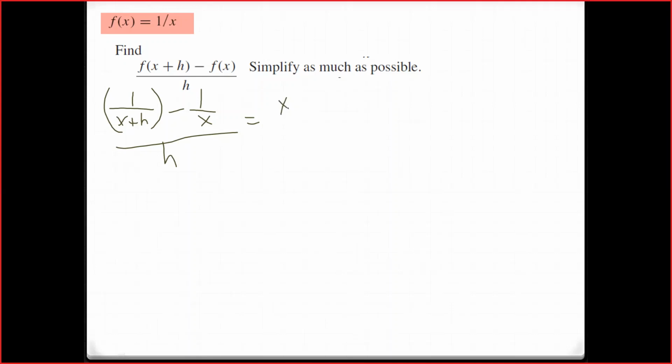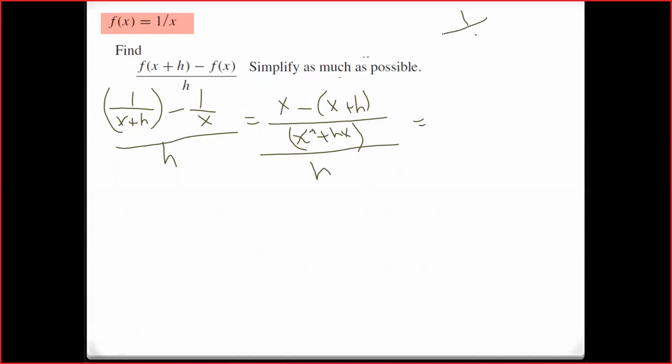So, okay, how? So x minus x plus h over, okay, over h. Then here, sorry, 1 minute.